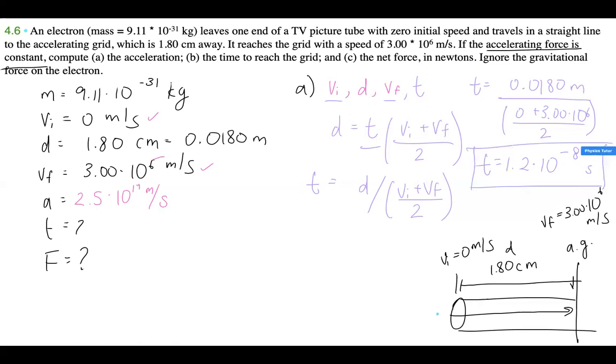So that's the solution that I also got before when I did the problem. That's our answer for part B, not part A. Part B. Okay, so part C, the net force in newtons.